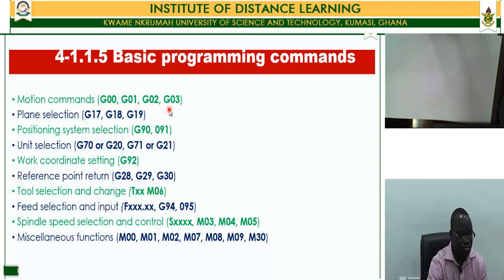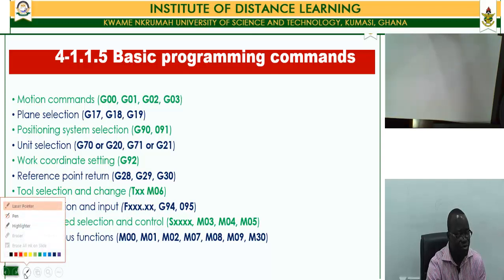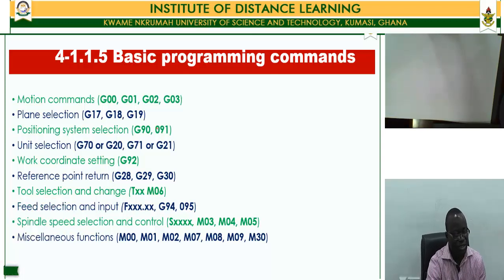Now, if you take the basic programming commands, they are just bulleted in this list. We're going to look at motion commands. Motion commands involve these four main motion commands, what we call the G00, G01, G02, and G03.